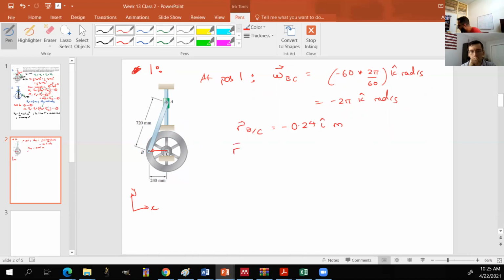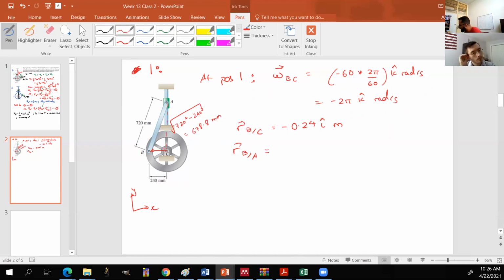And then you have R of B relative to A, which you're trying to find. So this distance is equal to the square root of 720 squared minus 240 squared, and that comes out to be 678.8 millimeters.